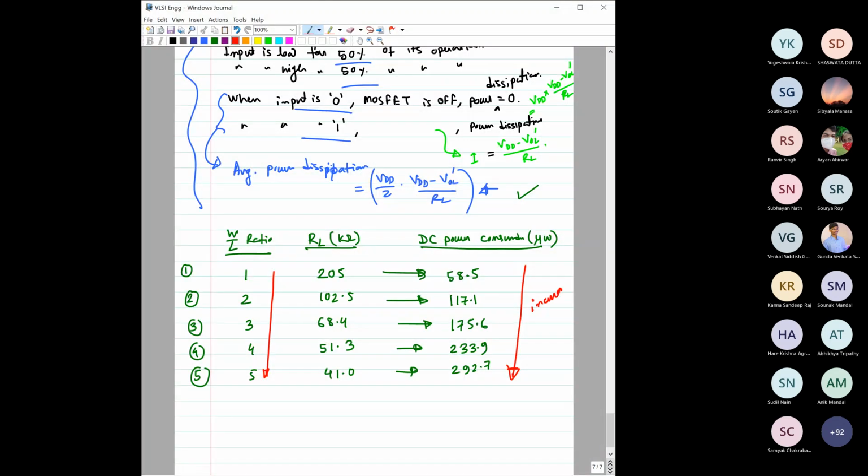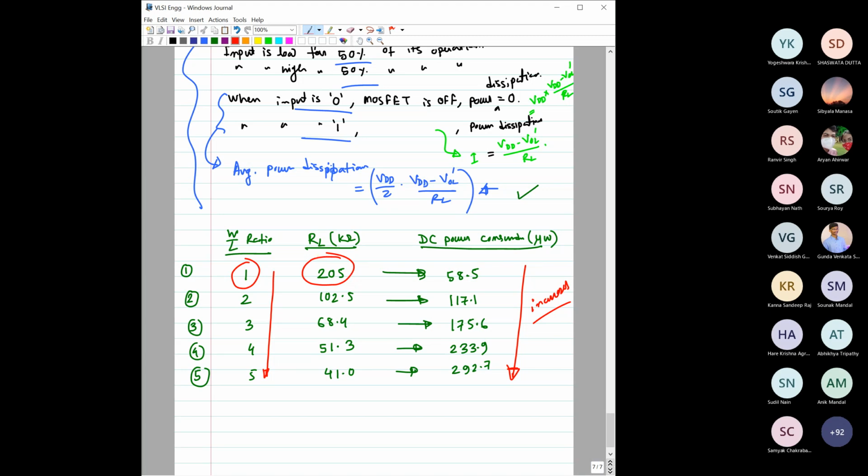So if power consumption is the primary concern for your design, then you have to go for W by L ratio 1 and RL value 205.